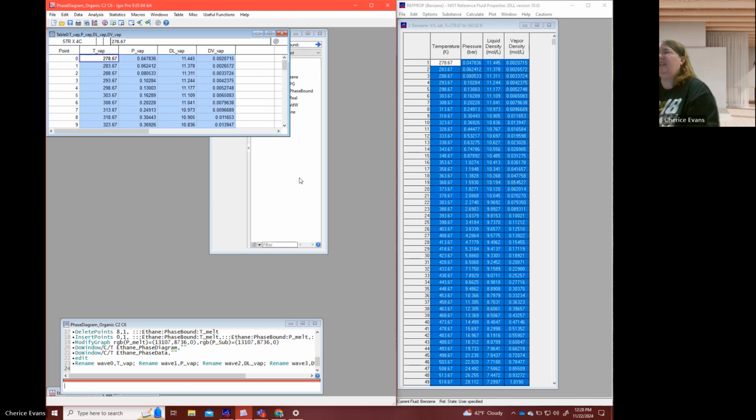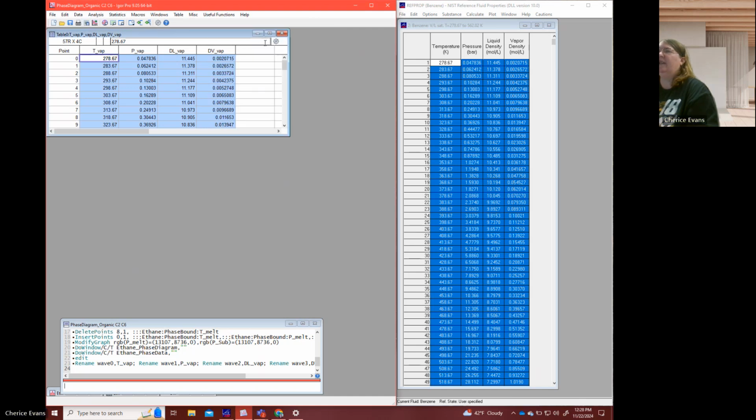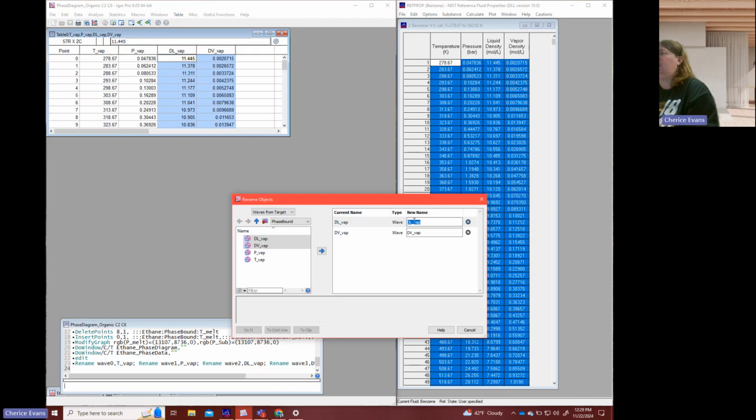Okay, I named that. Oh, saturation, that works too. So to keep the names the same here, change these to sat. That way everything is consistent.